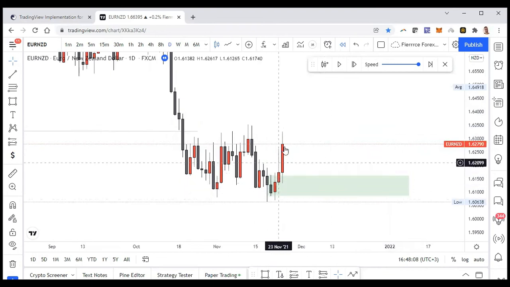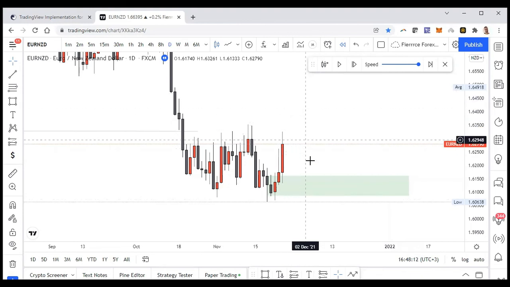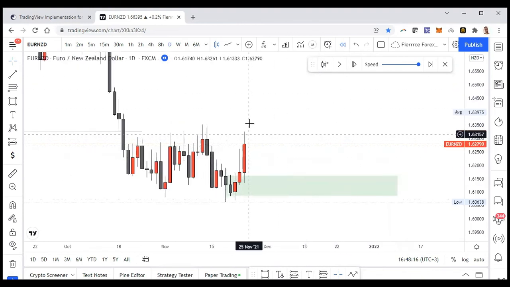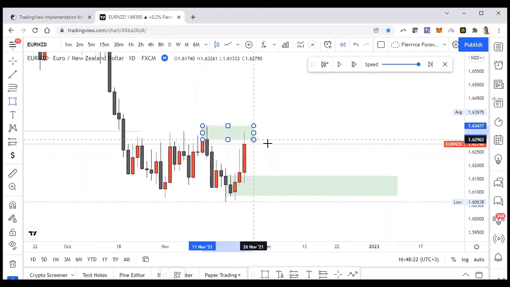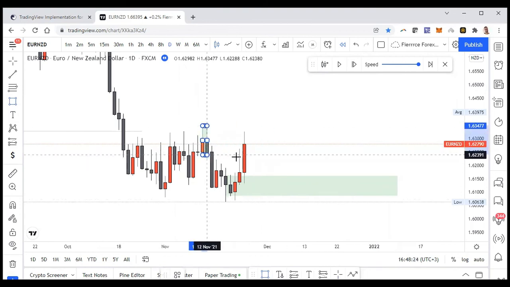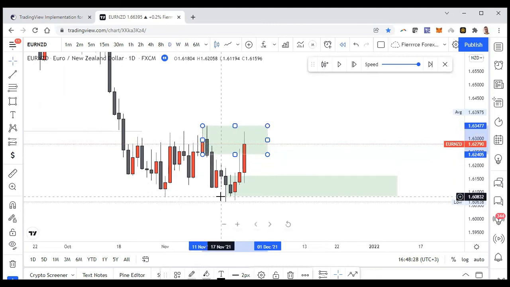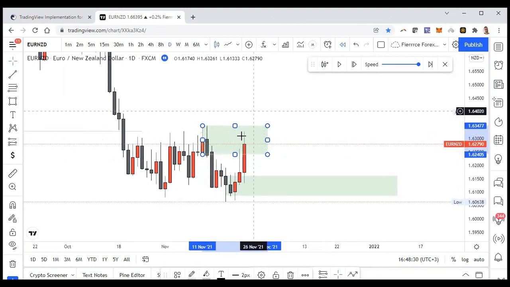I'll be anticipating that price will maybe break structure here and then come back here at some point and push up. We can already see some rejection here, and this can be explained by this last up move before the down move. That's why price rejected here.